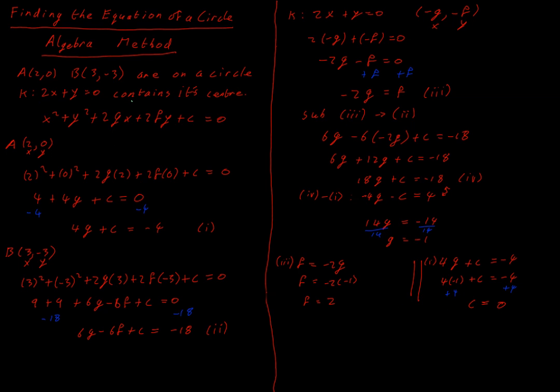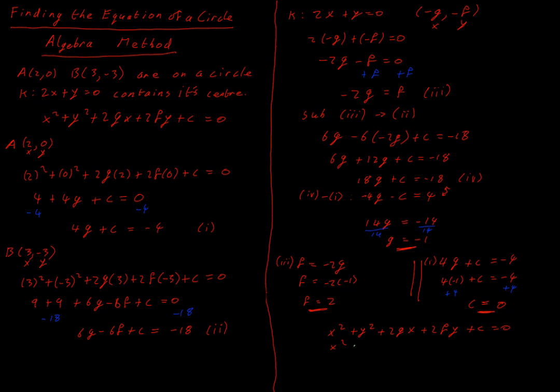So then, subbing back in to get my equation of my circle, I have my value for f, my value for g, and my value for c. So I have x squared plus y squared plus 2gx plus 2fy plus c is equal to 0.